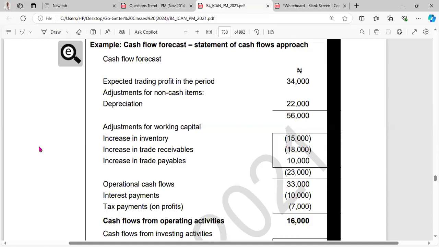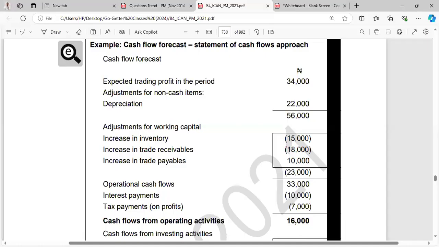Then there is interest payment. You took a loan, you are paying interest. You less the interest. Then if there is a tax on profit that you are paying, you will need to less the tax. So when you have done that, this is your cash flow from operating activities.